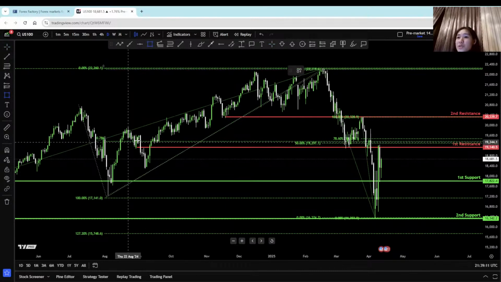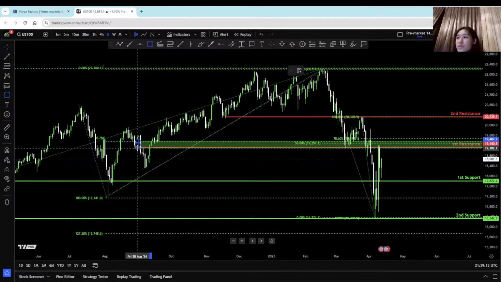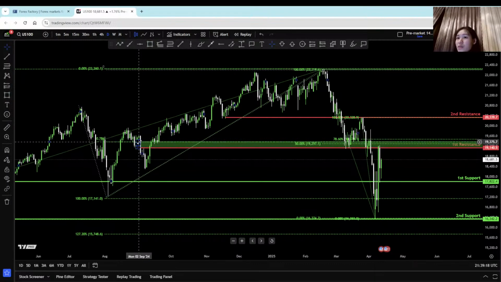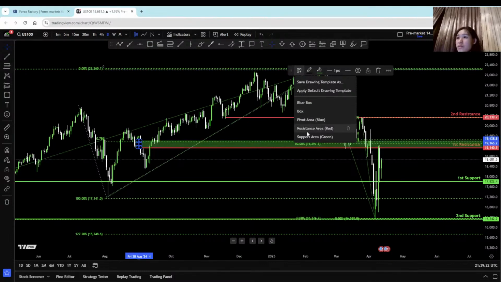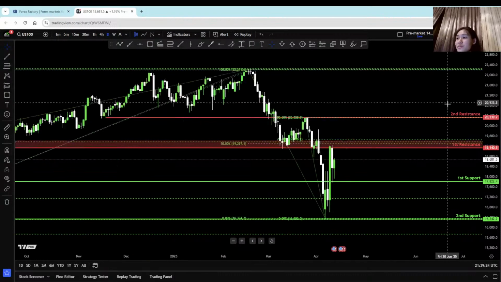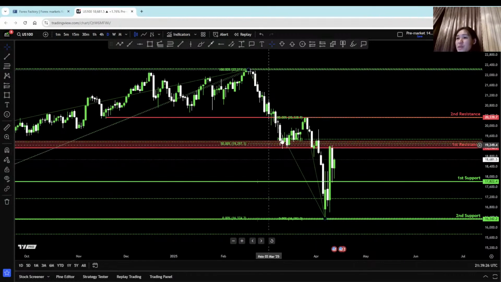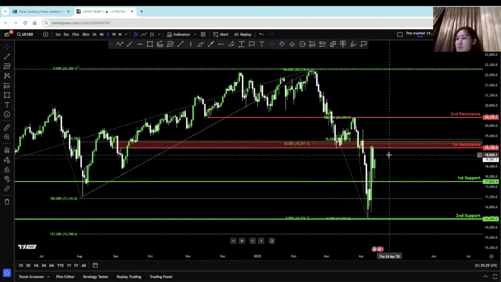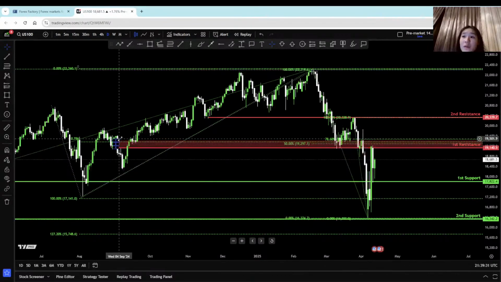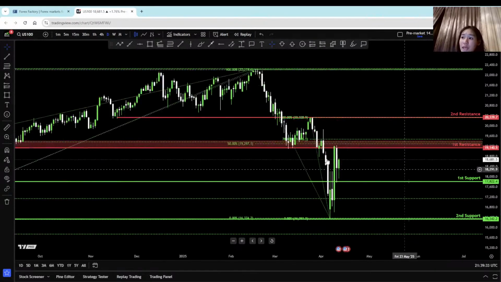So I'm just gonna highlight the key levels for you to take note of right now. Here we have a very big confluence area at our first resistance. You can see price has reacted off this level many times before, and we also have a couple of Fibonacci levels that line up there.